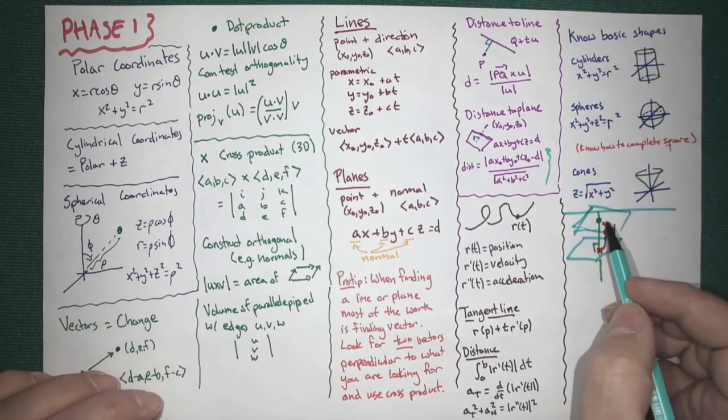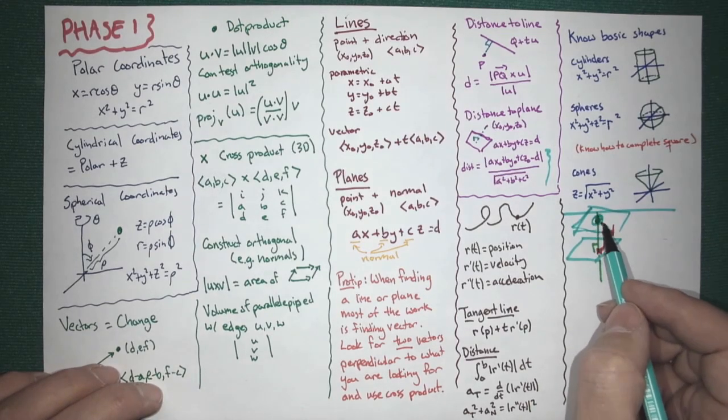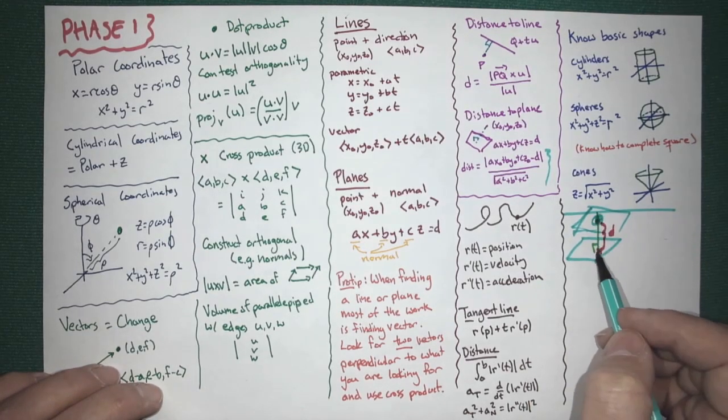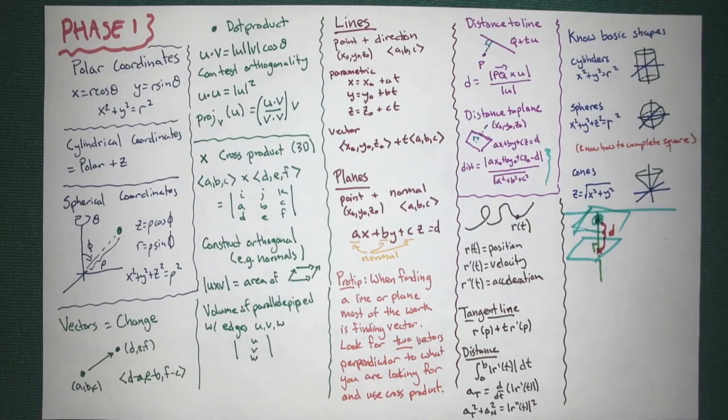Just pick a point on one of the planes and ask, what's the distance from that point down to the other plane? And then you have the distance between the two planes. You might say, but wait, how do I know which is the right one to pick? And the answer is, all of them are the right ones to pick, because they're all equally far away from the other plane. It's sort of like a pair of parallel lines.